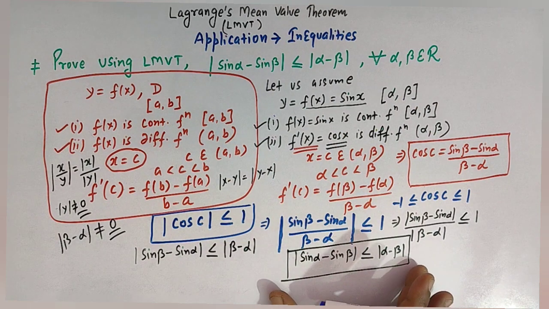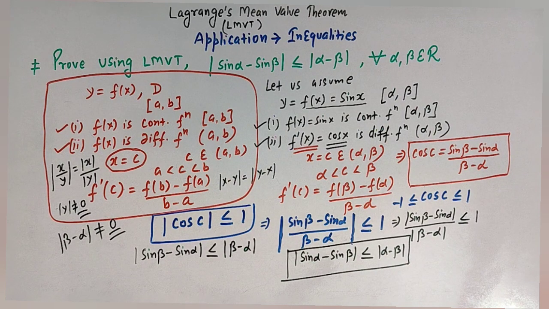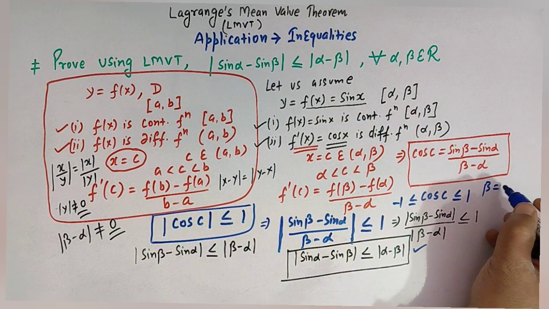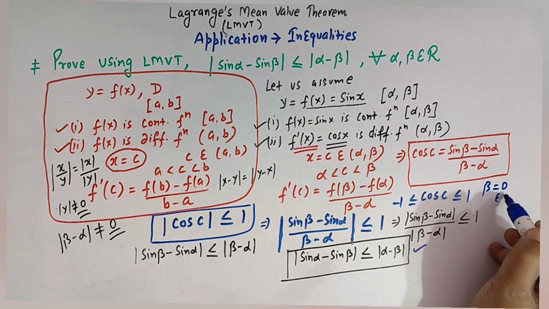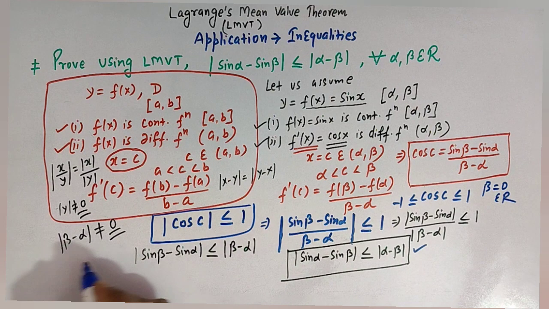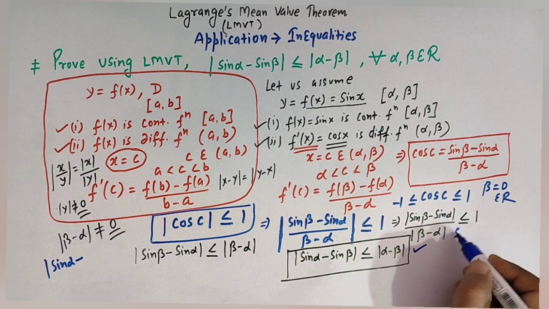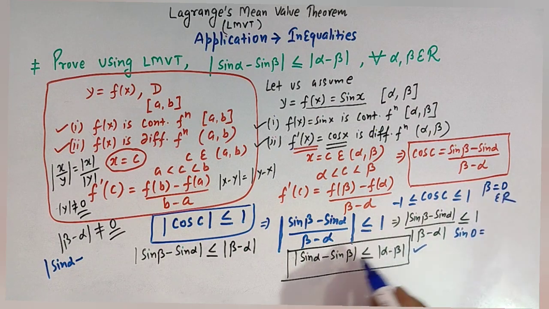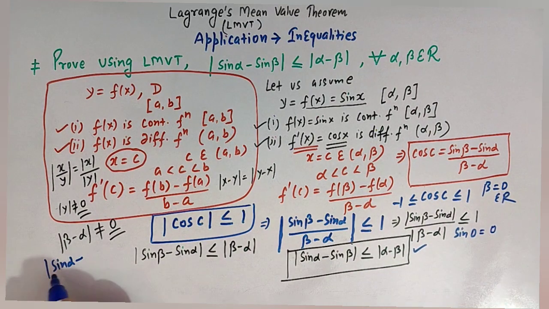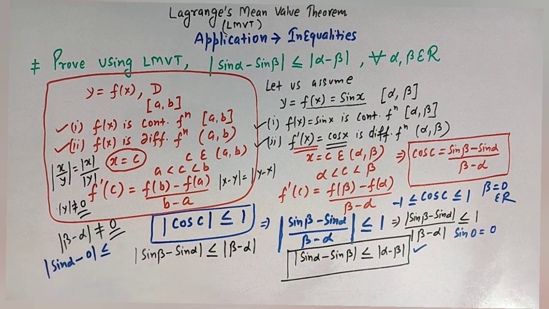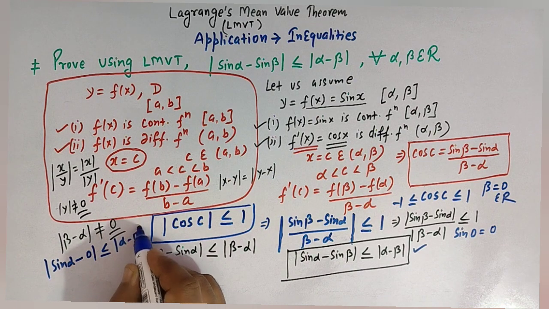Okay, now here we can also derive an important result from this inequality, right? See, if we take beta is equal to 0, because 0 is a real number, and if we take beta is equal to 0 in this inequality, then we'll get mod of sine alpha minus sine beta, which is obviously sine 0, because here we are taking beta is equal to 0, so sine 0 is equal to 0, so we have mod of sine alpha minus 0 is less than or equal to mod of alpha minus 0, right?